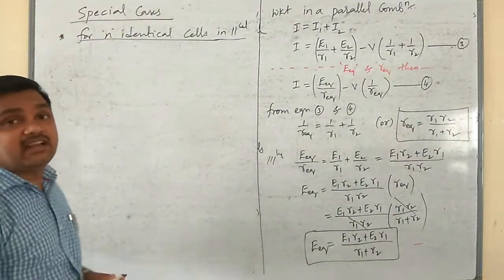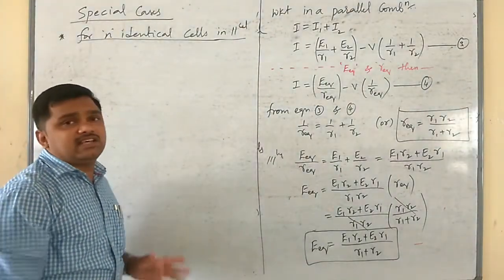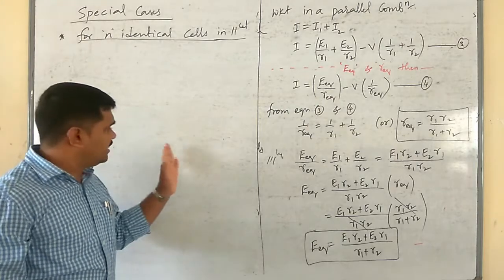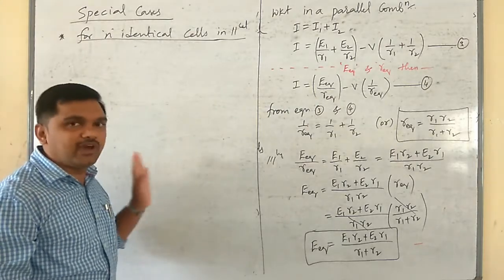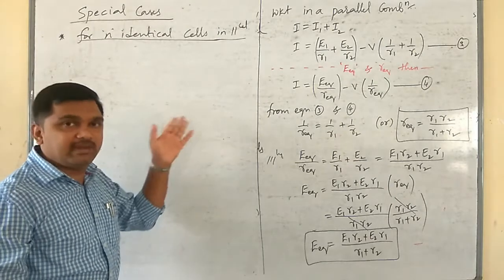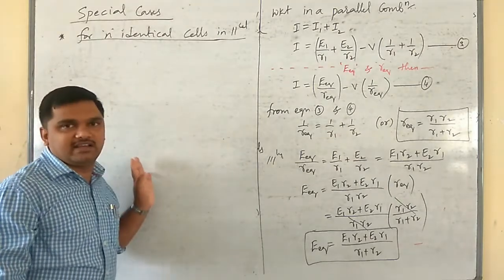When n identical cells, it means all the cells have the EMF equal to E, the same value, and the internal resistance r, some value, like that.